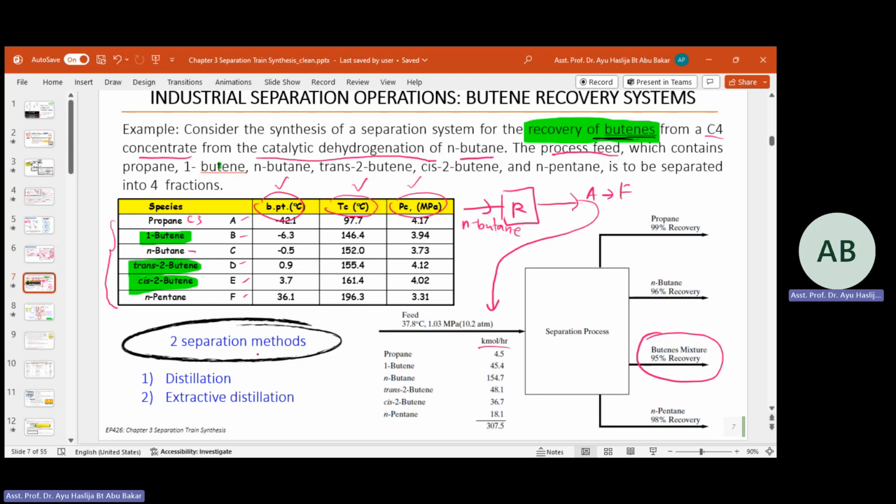Now, there are two separation methods proposed over here: distillation and extractive distillation. What is the difference? You have a few more types of distillation, but for these two, what is the difference?